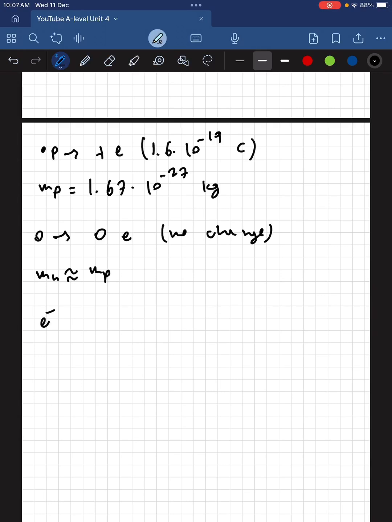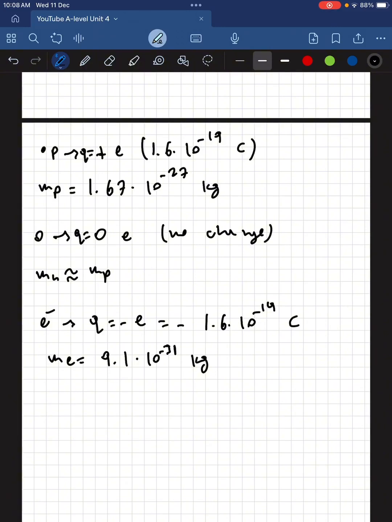Now for the electron, the charge, so maybe we should write this as Q. So Q is 0 for the neutron. Q is minus e, so minus 1.6 times 10 to the negative 19 coulombs for the electron. The mass of the electron though is tiny, so mass is 9.1 times 10 to the negative 31 kilos.